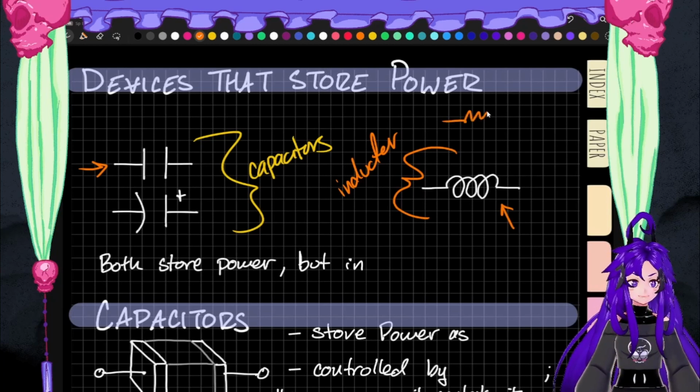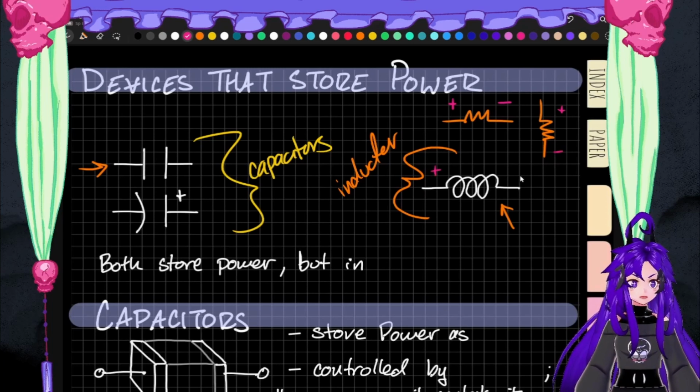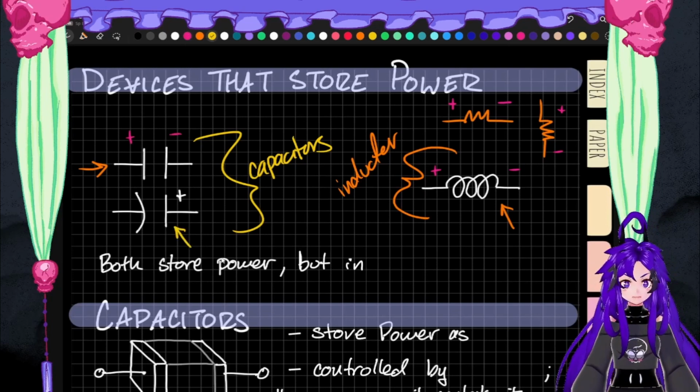Kind of like a resistor has no set direction, so we assume it's positive and negative, and then positive and negative. We make the same assumption for these two symbols. Positive, negative, positive, negative.